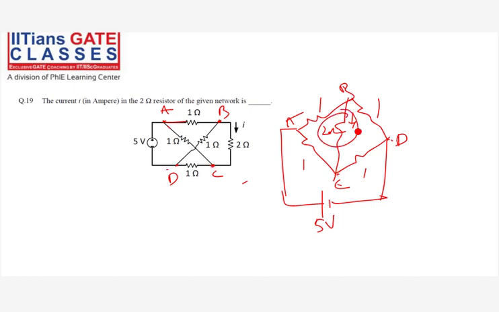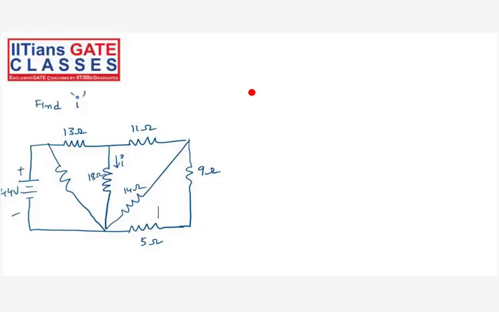Now do the second one. Now do this one, a previous year GATE question. I think I missed a resistance here.